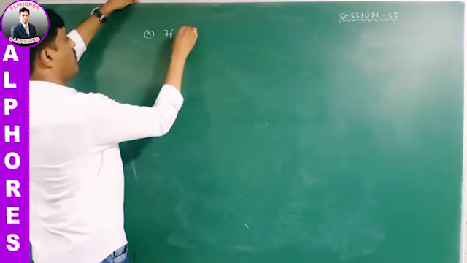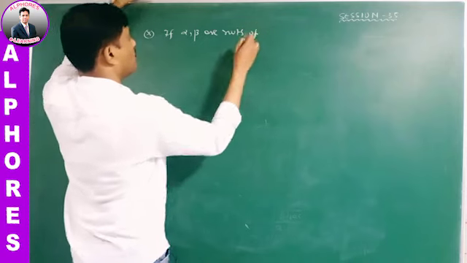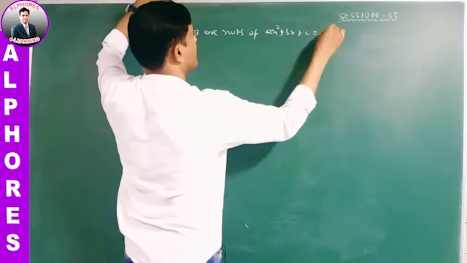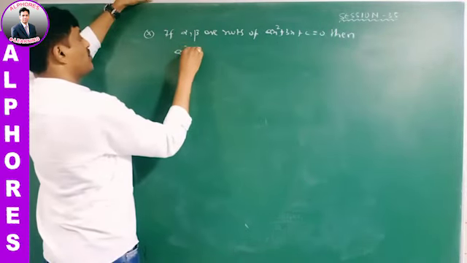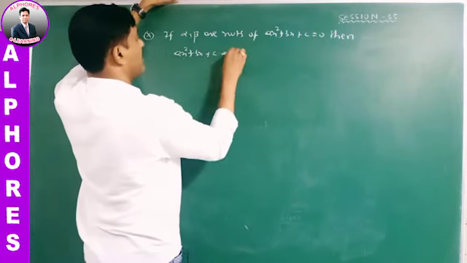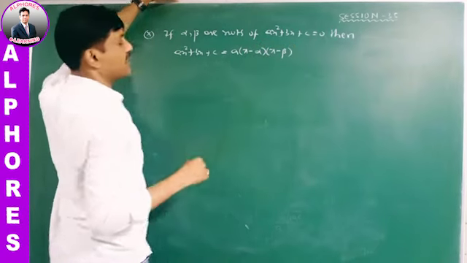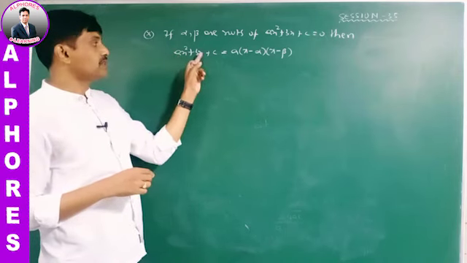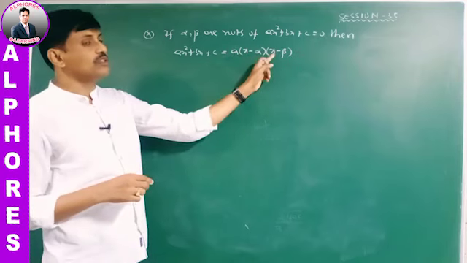If alpha beta are roots of a x square plus bx plus c is equal to 0, then a x square plus bx plus c is equal to a times of x minus alpha into x minus beta. Here this quadratic ax square plus bx plus c can be written as a times of x minus alpha into x minus beta.